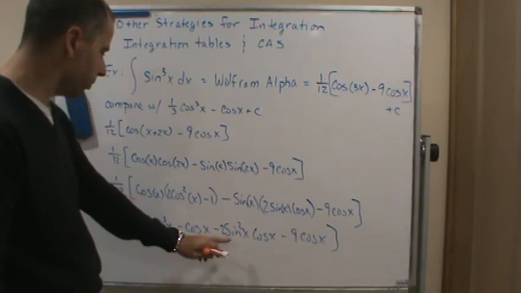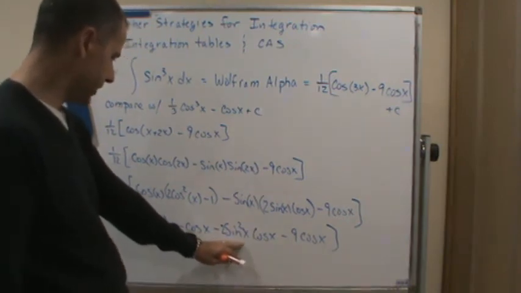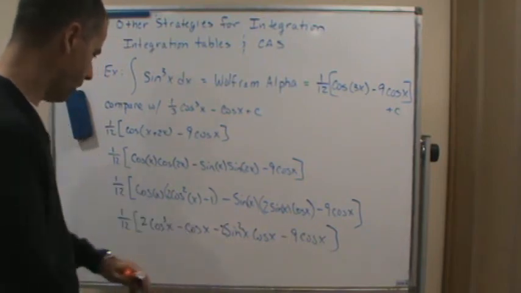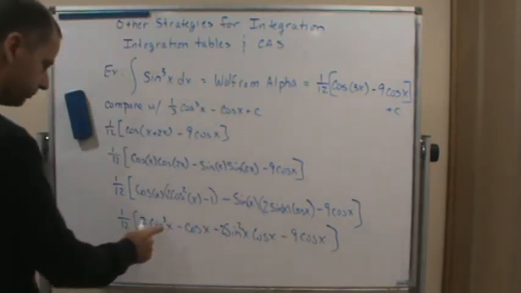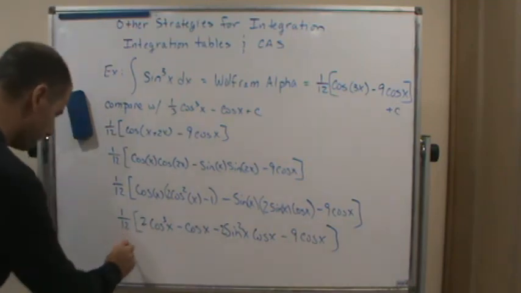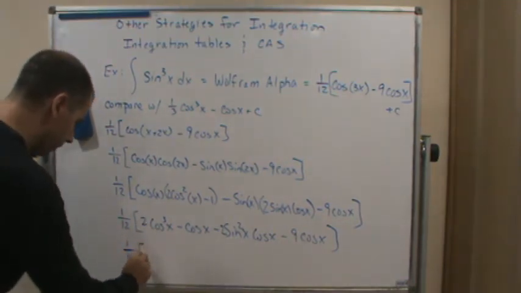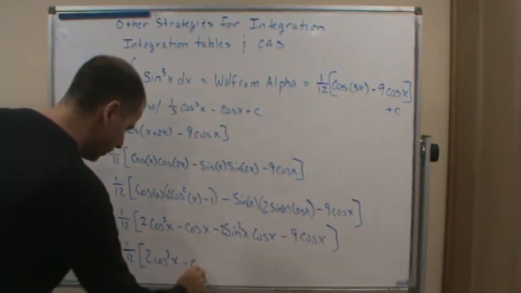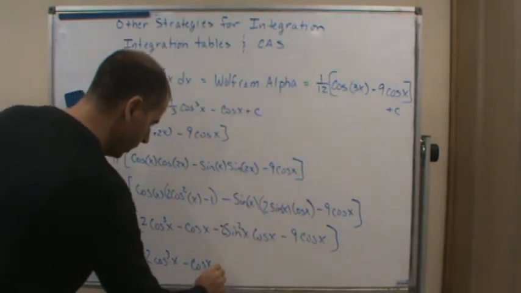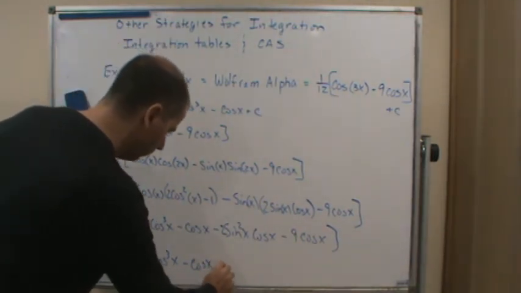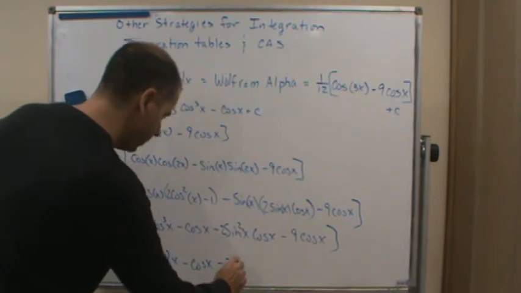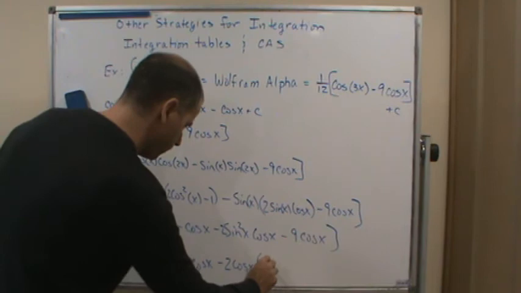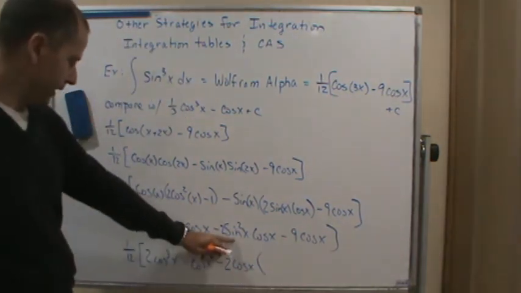Okay, so now I'm going to replace this with cosine because we need to get rid of that sine. So I'm going to use the identity. So let's do it this way. So we'll have 1/12 times 2 cosine cubed x minus cosine x minus 2 cosine x, and then we're going to use the Pythagorean identity here.